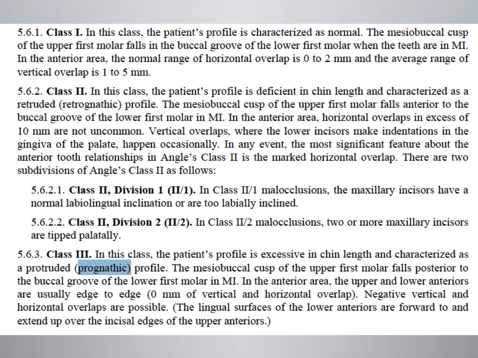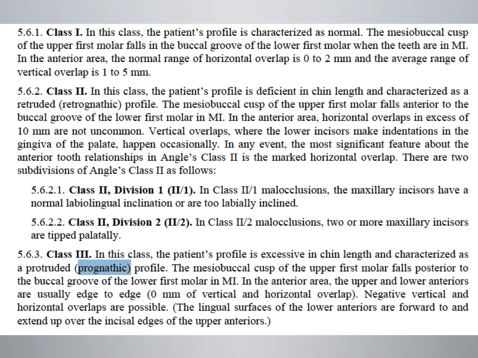With class 2, there are 2 subdivisions. It's important to know these. Class 2 division 1 is specifically about how the maxillary incisors are positioned. In division 1, the maxillary incisors have a normal labial-lingual inclination, or they're too labially inclined, meaning inclined forward.